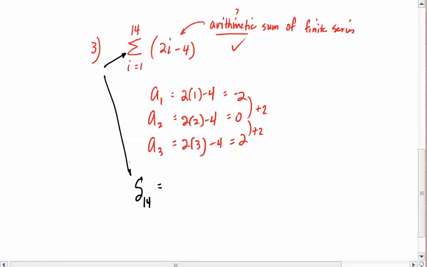S sub 14. This is automatically telling us to get the sum, so we're going to use the sum formula for arithmetic series. So the sum of those 14 would be this, starting with 14 over 2, and then my a sub 1 I need negative 2, plus, now I need to go ahead and get one more. I need my a sub 14. So let's find that one.